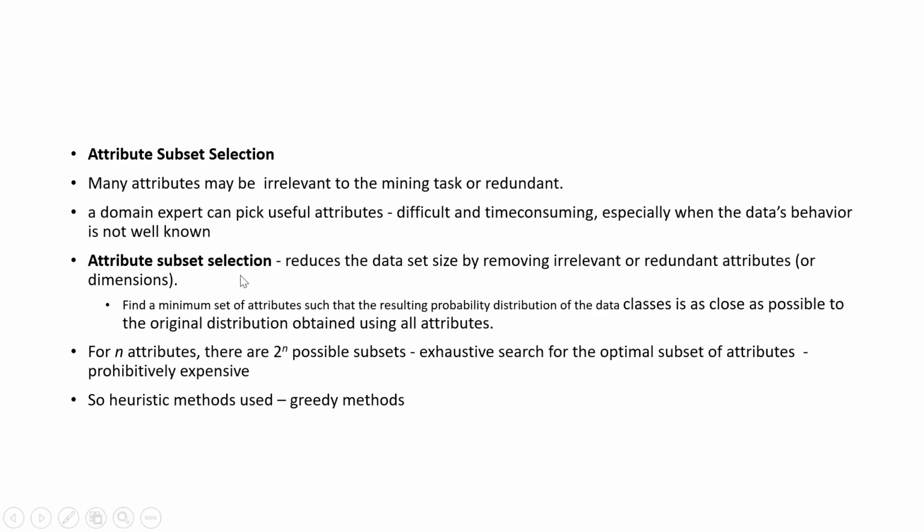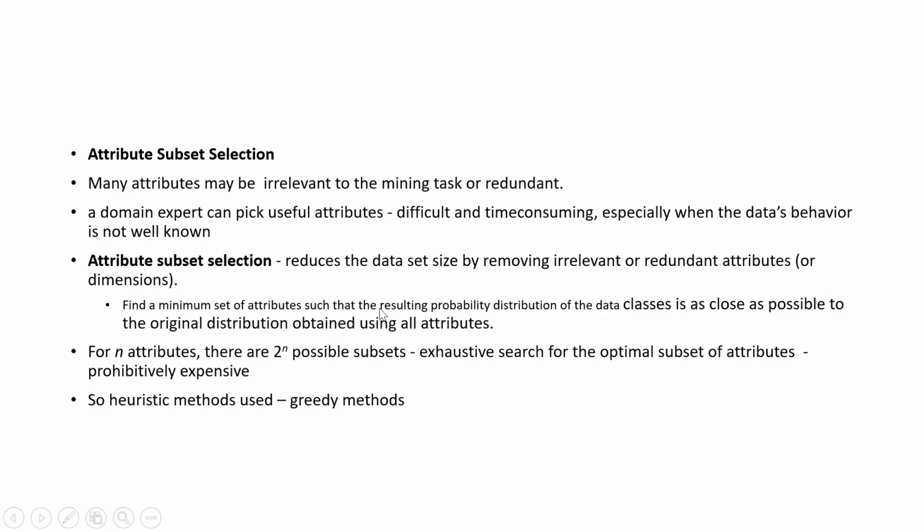So attribute subset selection reduces the data set by removing irrelevant or redundant attribute dimensions. It finds the minimum set of attributes such that the resulting probability distribution of data classes is as close as possible to the original distribution.